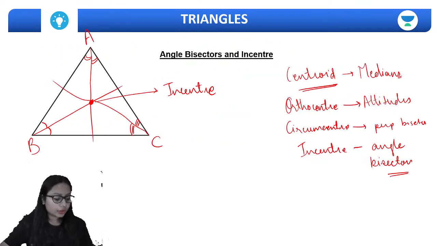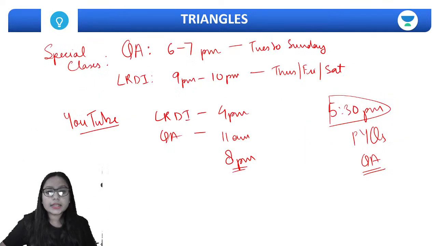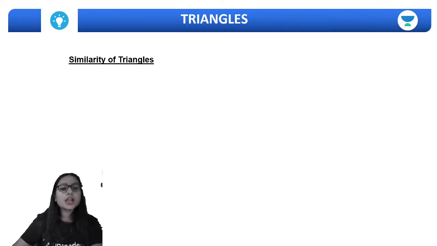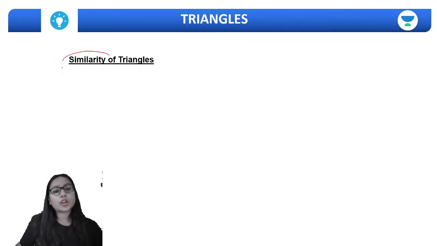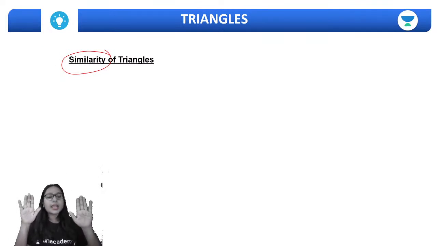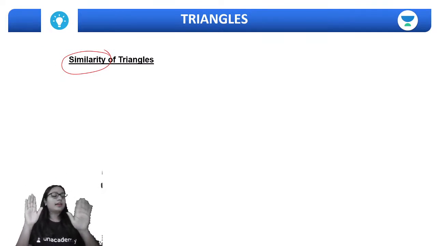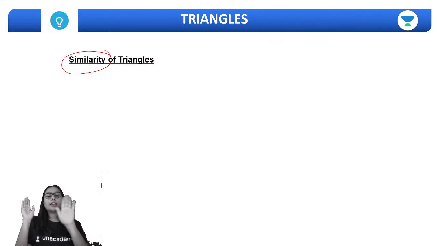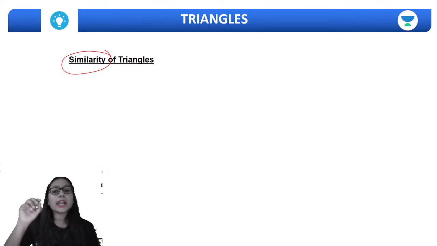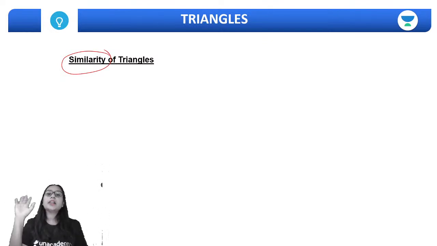Let's go back. I hope everything is clear till here. Let's move on to similarity of triangles. First let us understand what is similarity. I have two hands. I can superimpose my two hands. One hand can absolutely cover the second hand completely. So I can say that my two hands are similar to each other.